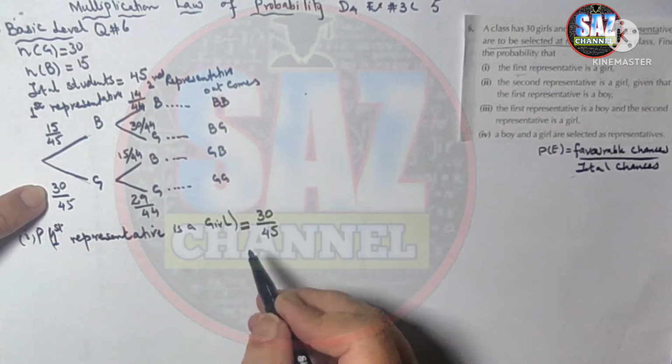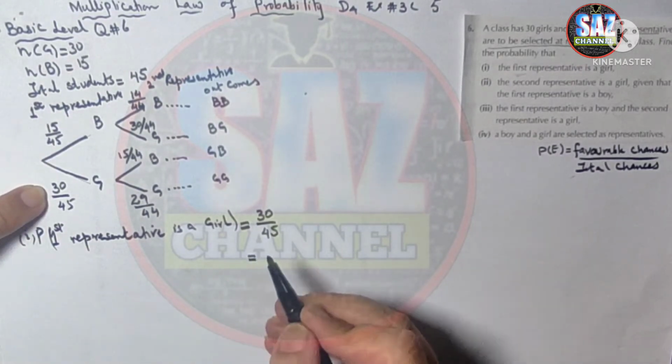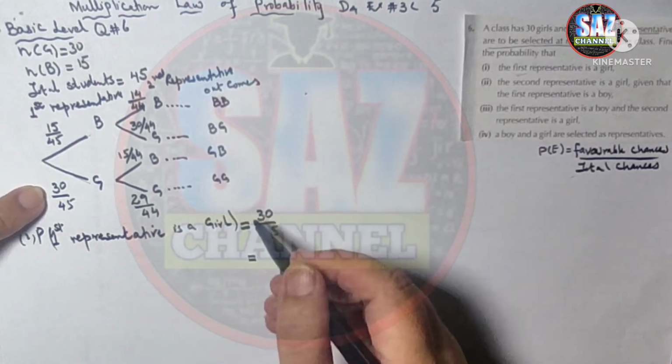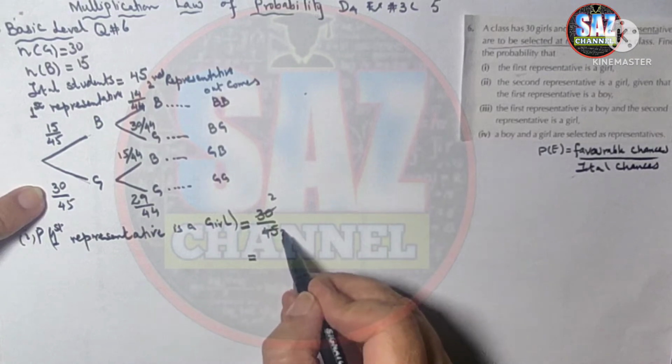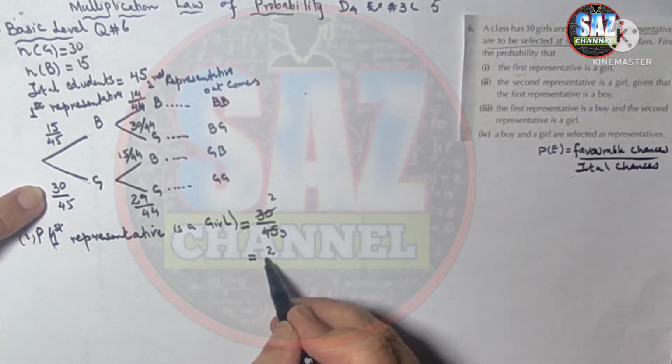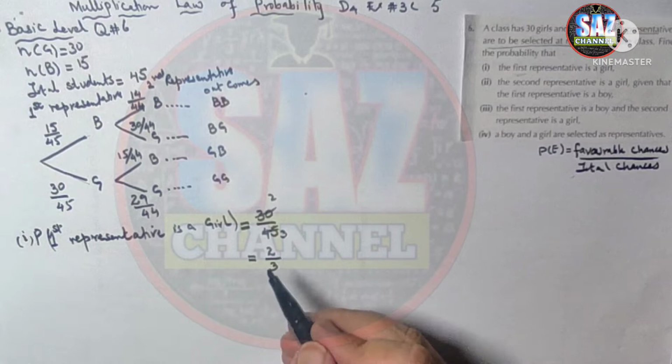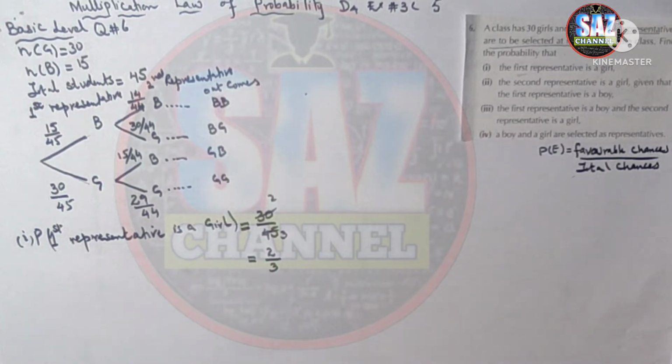Now we can see that 30 and 45 both come in the same table: 15 twos are 30 and 15 threes are 45. Always give answers of probability in your most simplified form. I hope you are clear about this part.